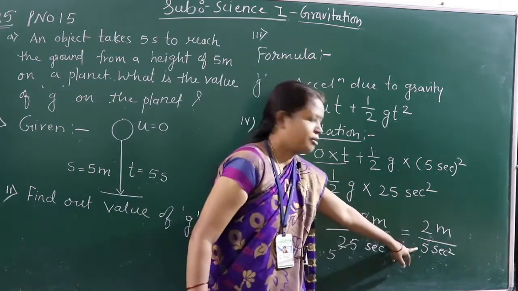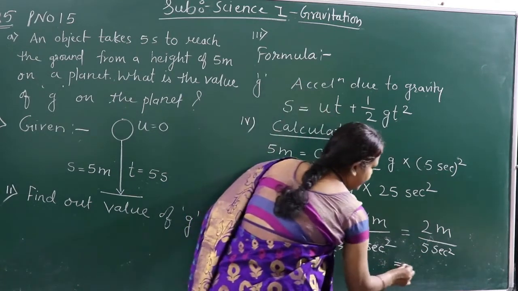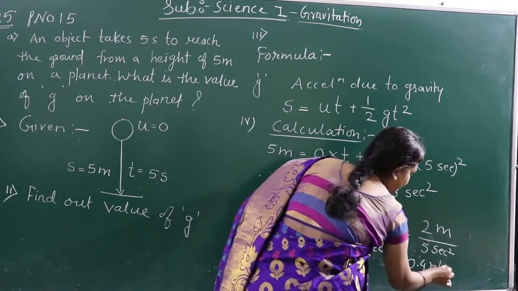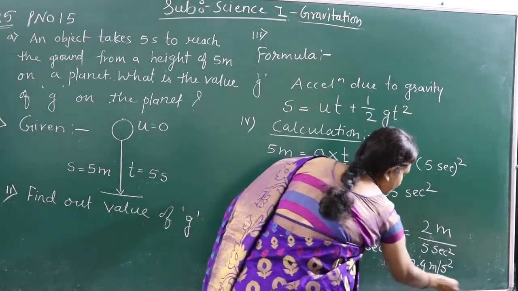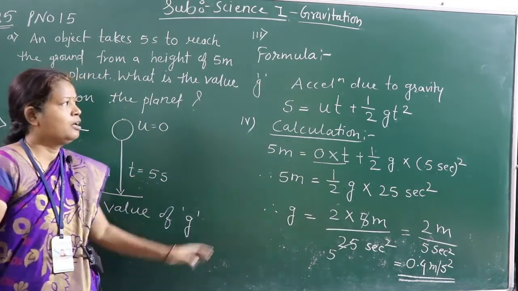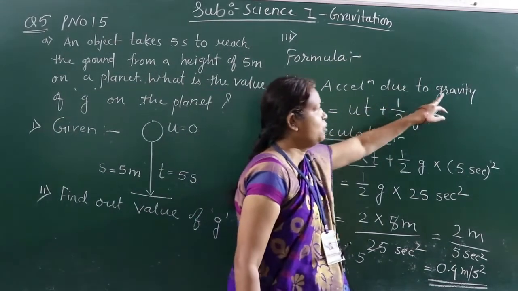When you divide this 2 by 5, you get the answer, that is 0.4 meter per second square. In this way, we can calculate the value of g, that is our acceleration due to gravity.